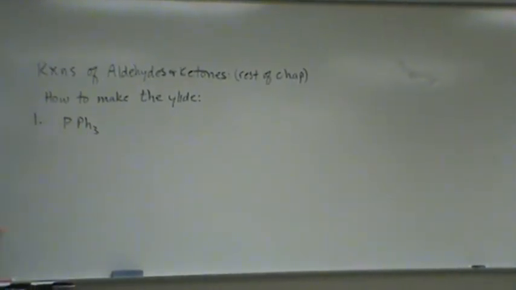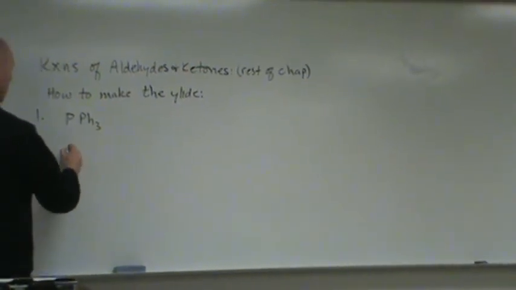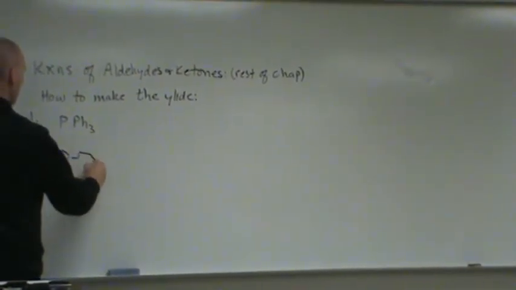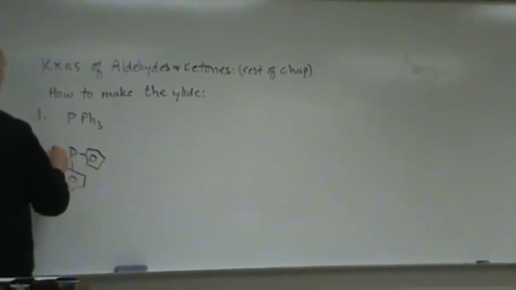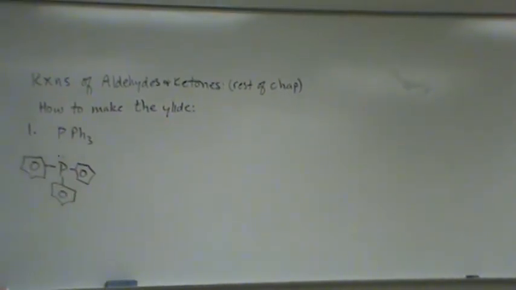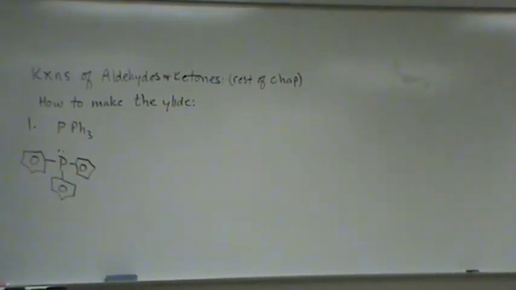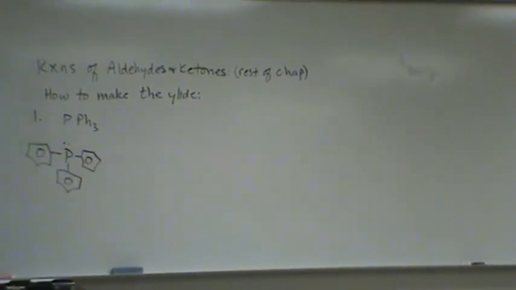Do you remember what Ph stands for? The phenyl group, or benzene rings. Just by way of reminder, this is representing 3 of these on the phosphorus. It just makes it easier to say PPh3 so you don't have this clumsy structure.